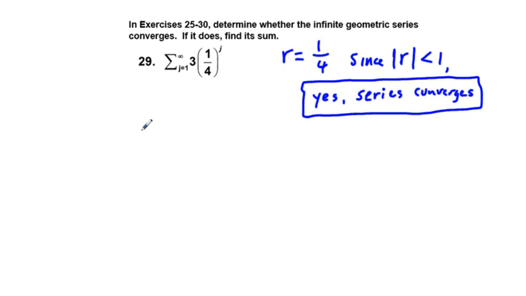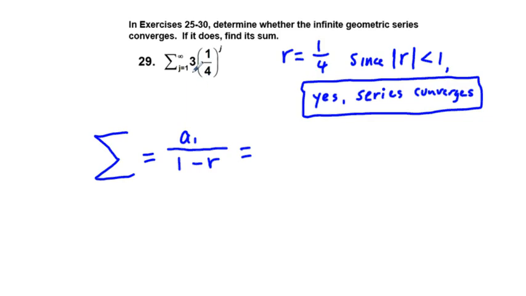Well, the formula we have is the sum equals a sub 1, our first term, divided by 1 minus our common ratio R. In this instance, we have to find out what that first term is.